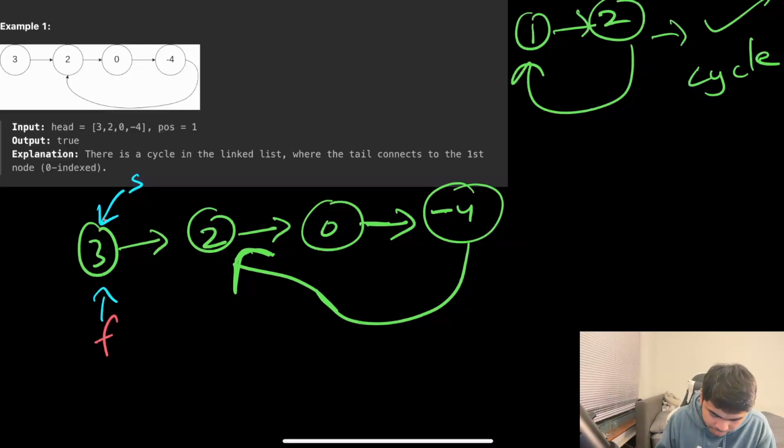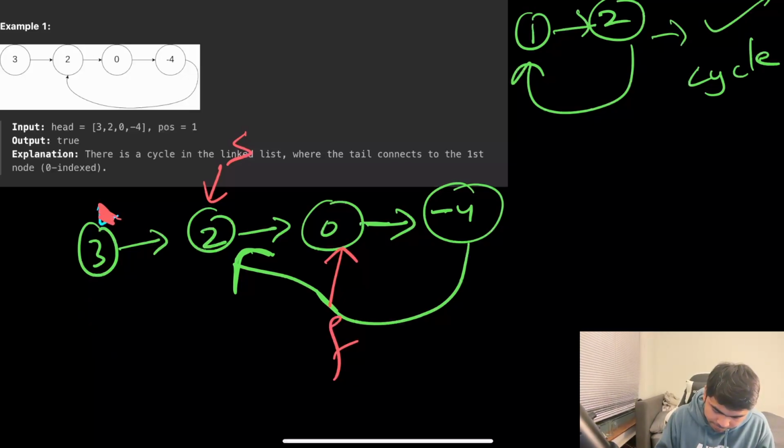I haven't changed anything yet, but now when slow comes over here, our fast will go over here. Then again fast will come here and move over here. Slow will be over here.